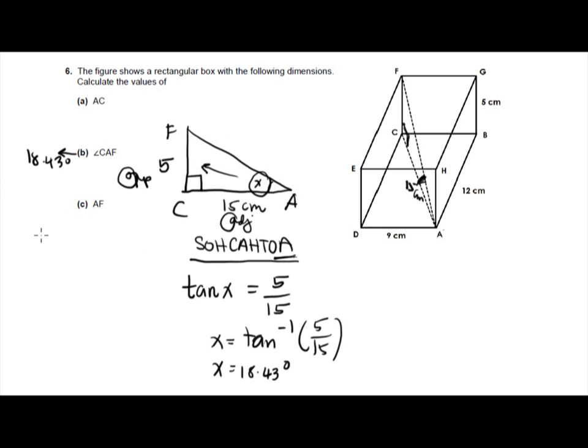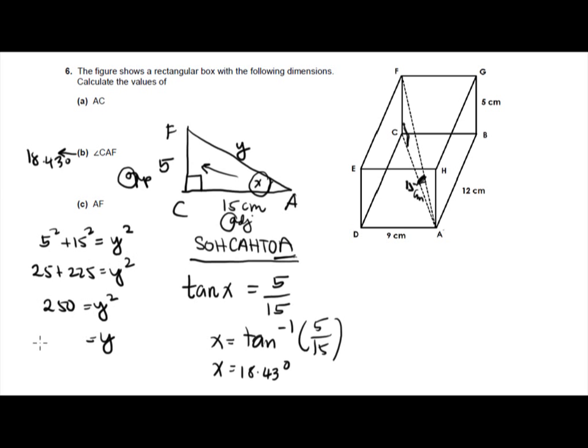For AF, we have 5 squared plus 15 squared is equal to, let's assign a new letter here, y squared. So 25 plus 225 is 250, which equals y squared.